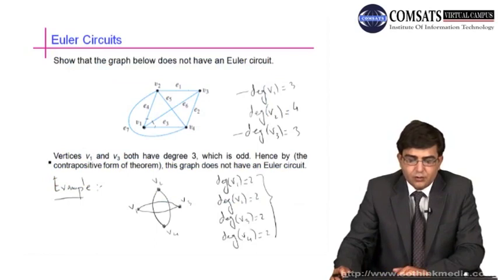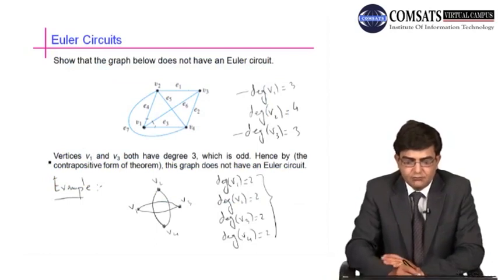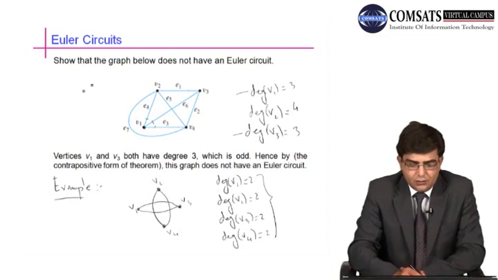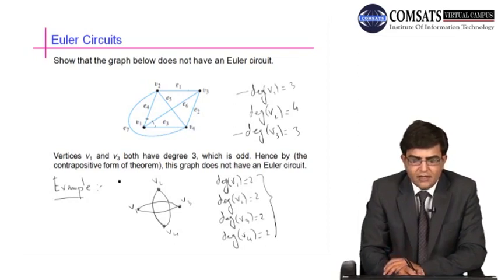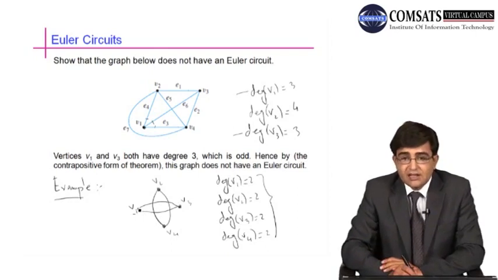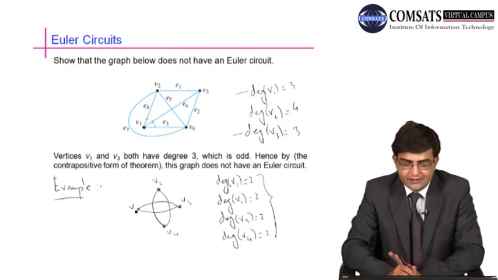Now there is no problem in this graph which is given here. In this graph, every vertex has even degree. So this graph must have an Euler circuit. So how to construct an Euler circuit? This is a question which we shall discuss later.